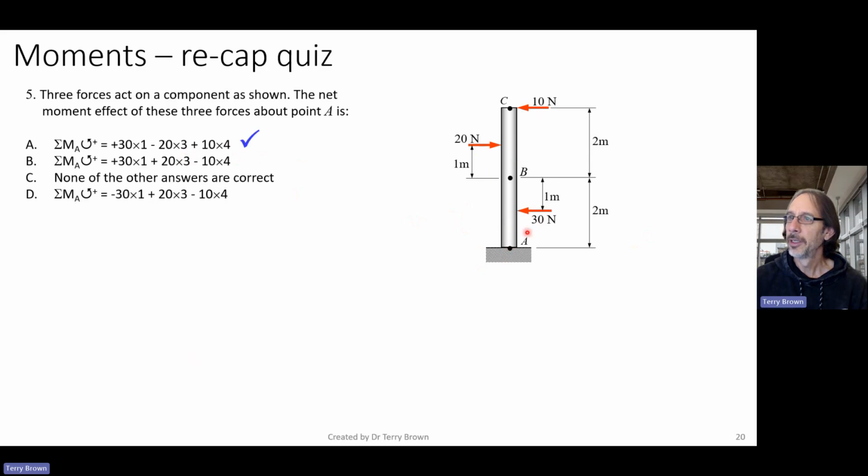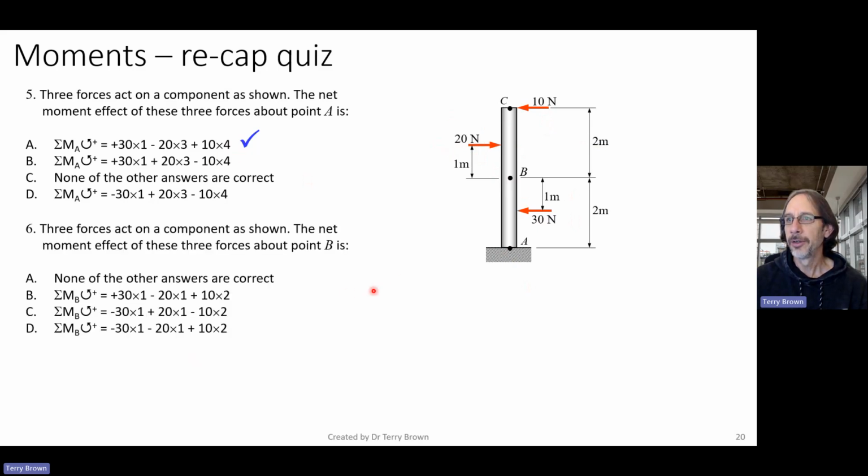So we've got 30 times 2 minus 1 here. So 30 times 1, 20 times 3, perpendicular distance going clockwise about point A, and then 10 times 4 going anti-clockwise, so positive.